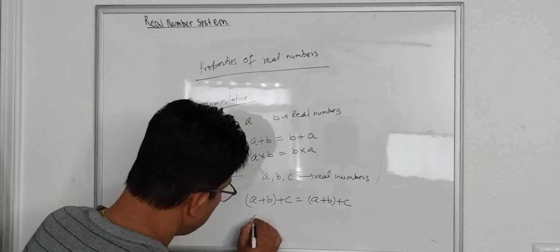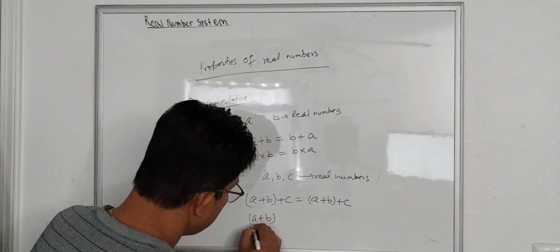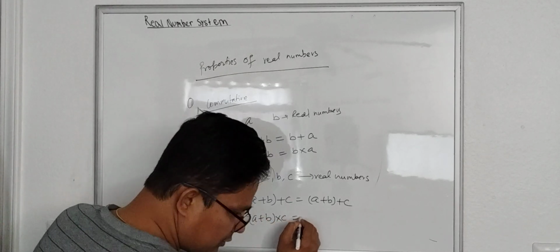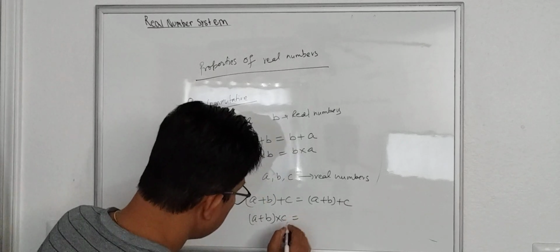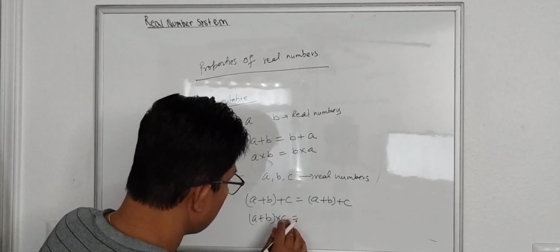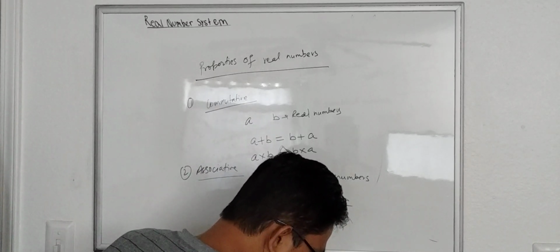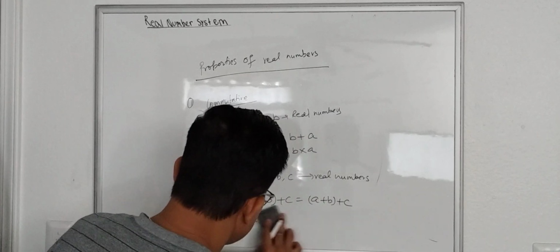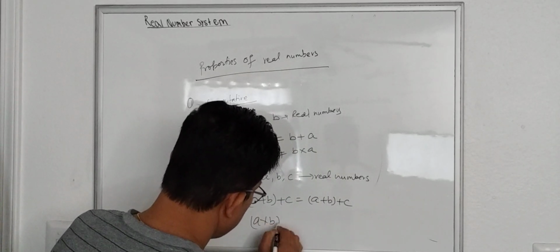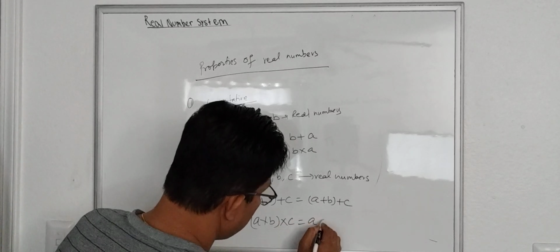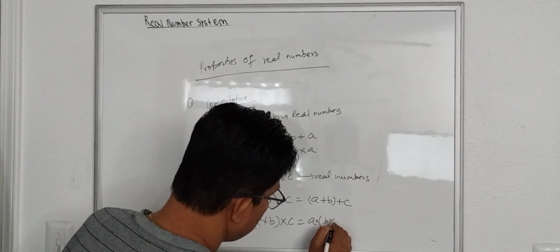And then A plus B times C is equal to, okay, it's A times B times C is equal to, it's again easy peasy.